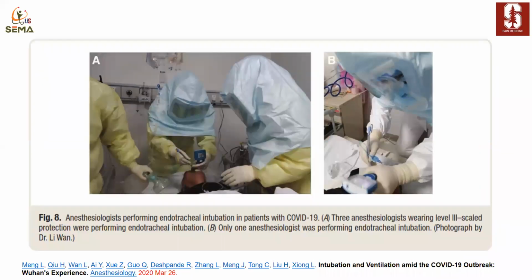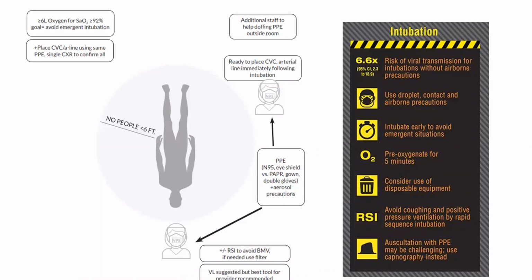before you do anything. This is an example of an anesthesiologist or anesthesia provider doing intubation. They're using a video laryngoscope. They are fully covered and protected. And then this is a scheme to show you where to stand, where your assistant should stand, whether you are in the OR or in the ICU or anywhere.